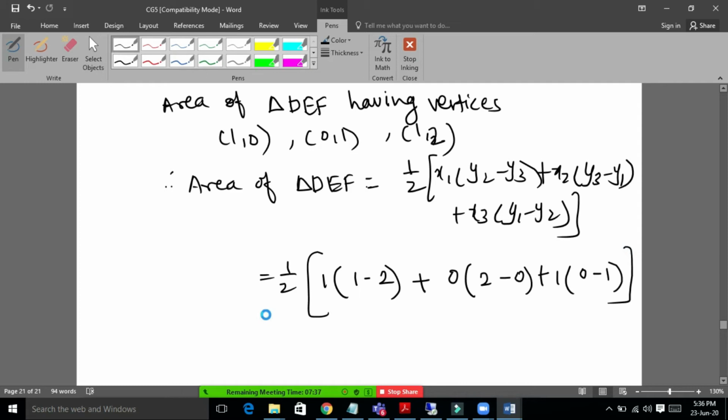Bracket complete. Now solve the bracket: half into bracket, 1 into (1 minus 2) is minus 1. So 1 into minus 1, plus 0 into the whole bracket is 0, so just write down 0 here, plus 1 into (0 minus 1) is again minus 1.